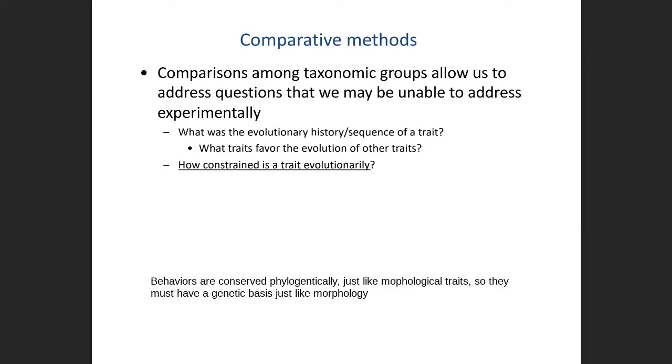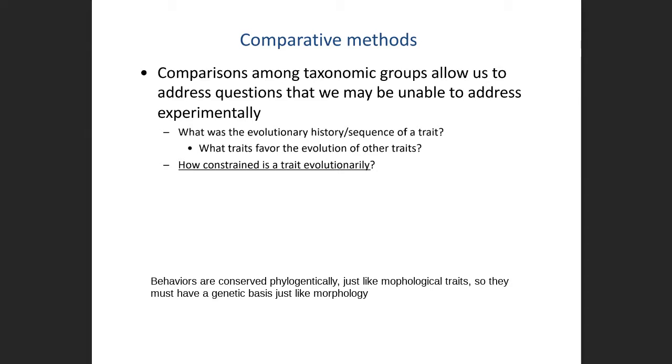But then the interesting thing is that now that we can build phylogenies that are pretty robust based on large numbers of genetic traits, we can then use the phylogenies to test hypotheses about the evolution of traits, especially are traits easy to evolve or hard to evolve?